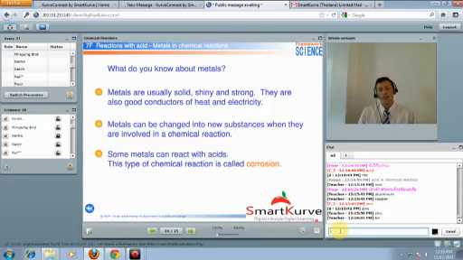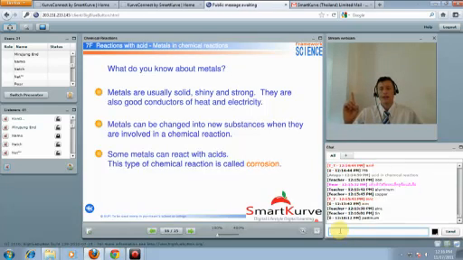They are strong. They are solid. They are shiny. I like that. Solid. There is only one metal that is not solid. There's one metal that is a liquid at room temperature.